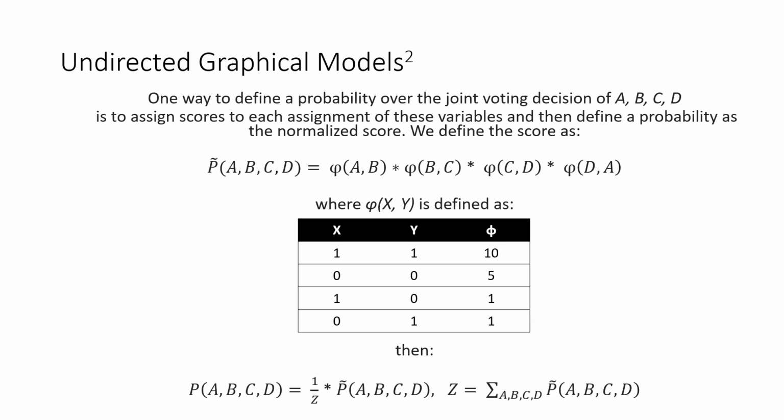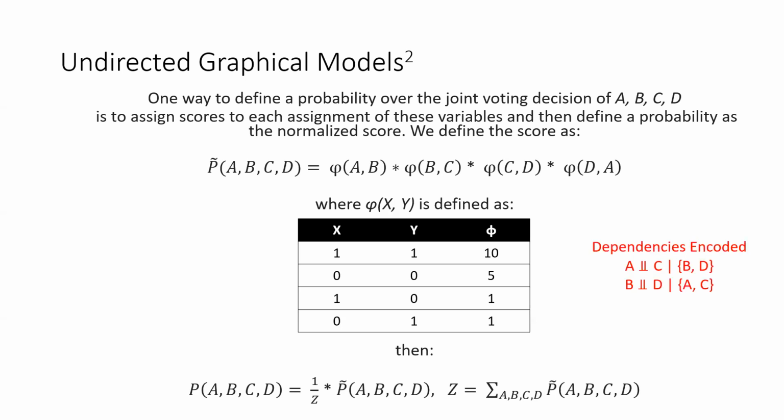And once I have all these potential functions, then the probability distribution of my MRF, my undirected graphical model, is going to be the multiplication of these potential functions divided by Z, where Z is the normalization constant, which is basically the sum of all these P tildes for all the combinations of A, B, C, and D, where the variables A, B, C, and D define Alice, Bob, Charlie, David. And that's how we define undirected graphical models.